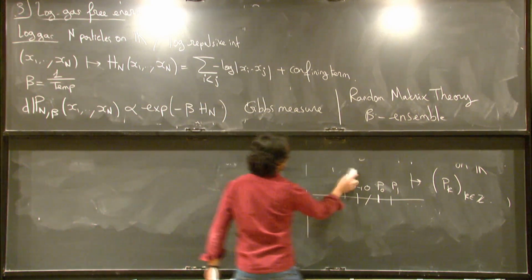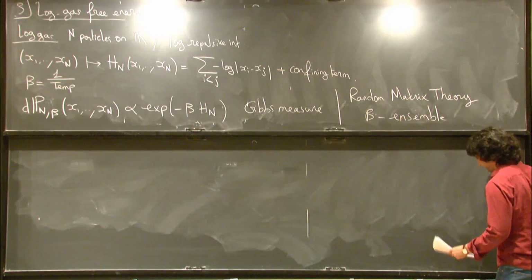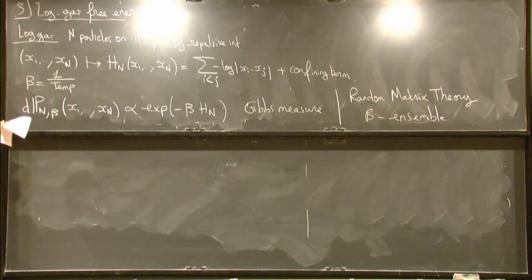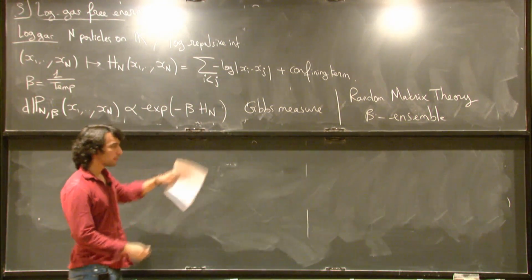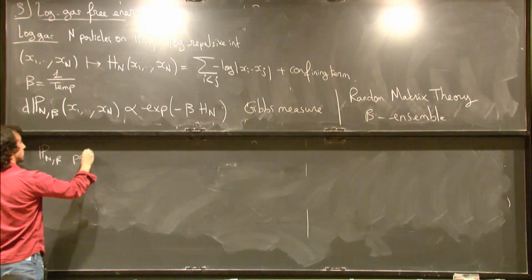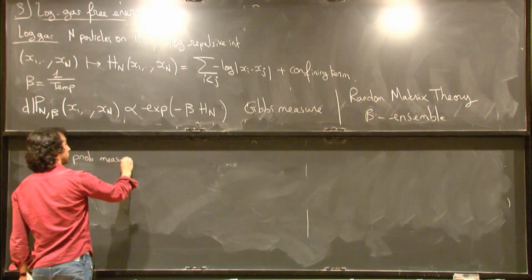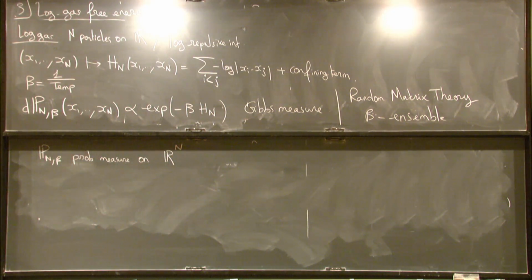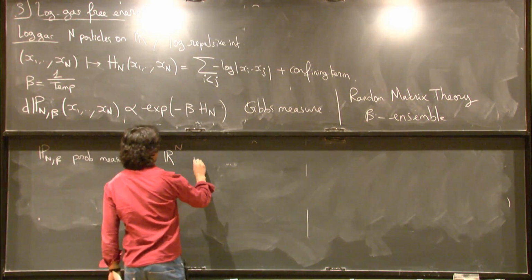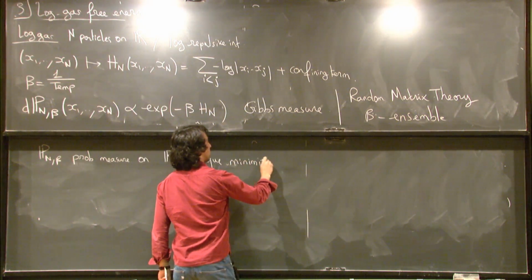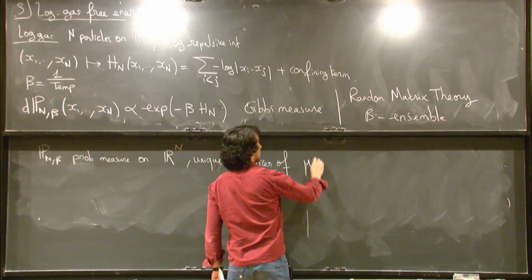Well, there is a property: this probability measure, P_{n,beta}, is a probability measure on R^n. It minimizes the following variational problem, and it's the unique minimizer of the following functional.